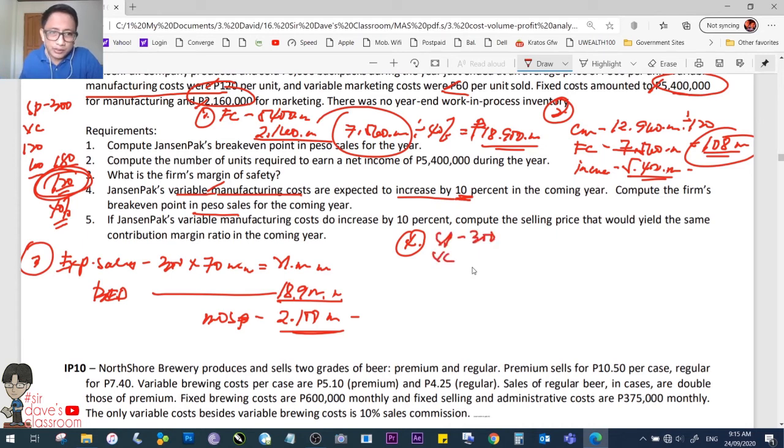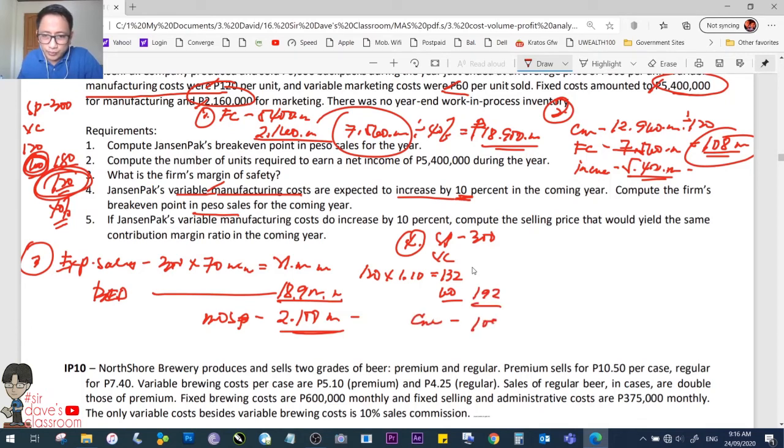Variable cost will no longer be 120 because there is a 10% change on the 120 pesos. Increasing it by 10% means times 1.10. That is 120 pesos times 1.10. This becomes 132. The 60 right here did not move. It is still the same. This becomes 192 pesos therefore.